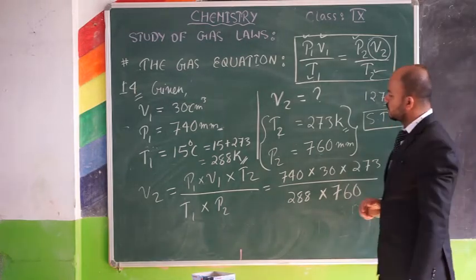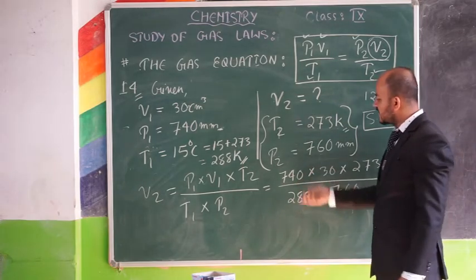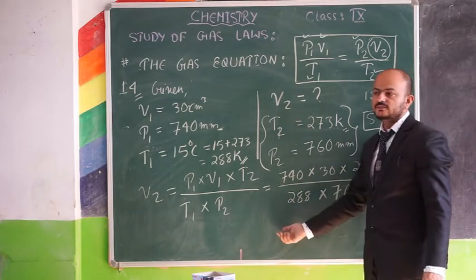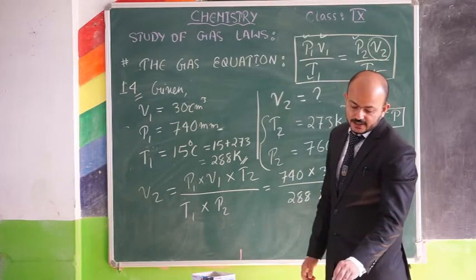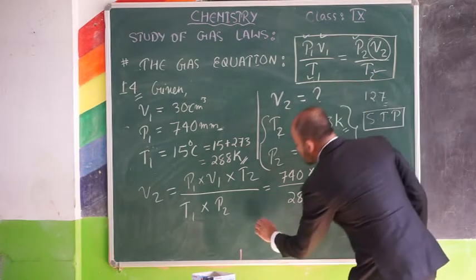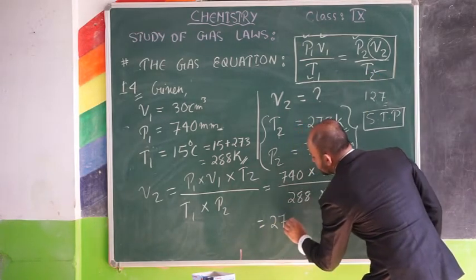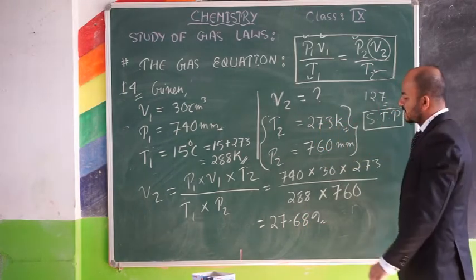So if you multiply and divide and get to the lowest value, the value that you obtain after calculation is 27.689. This is the exact value you get.